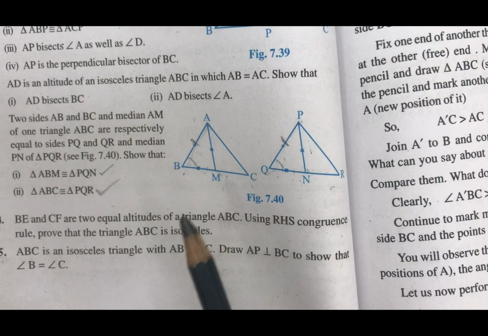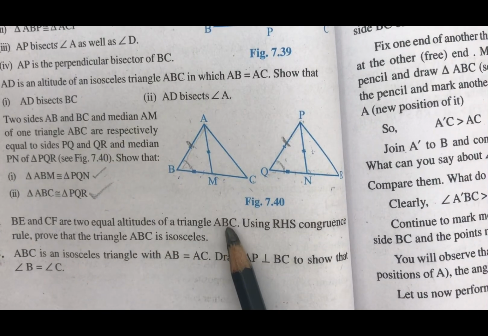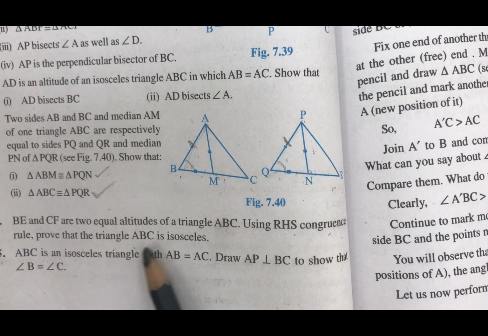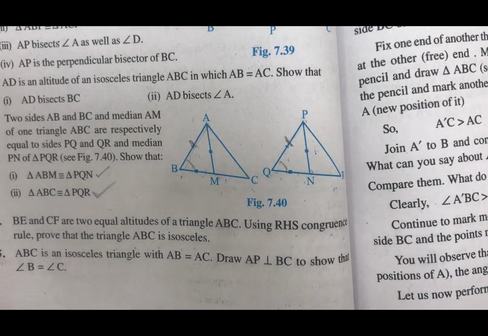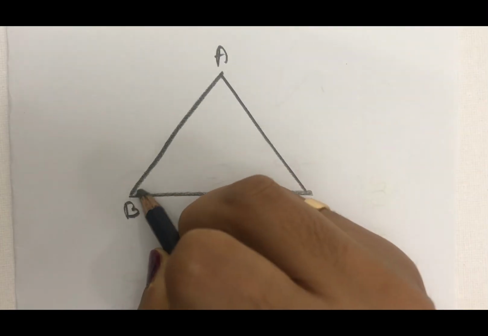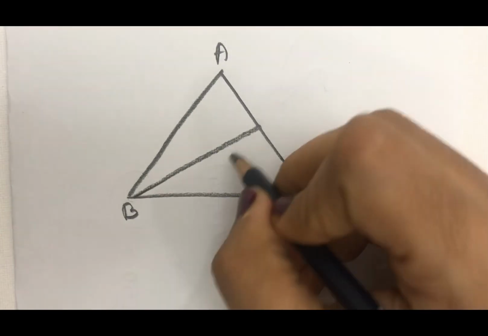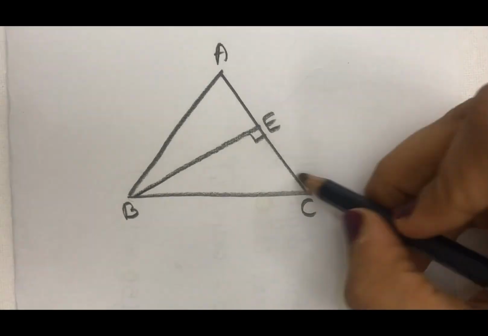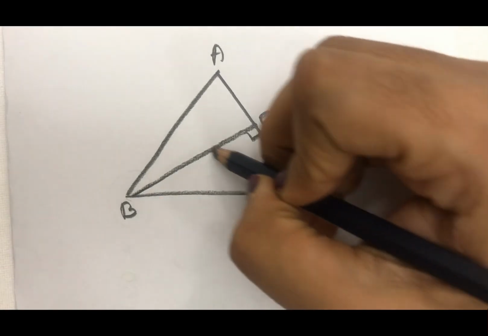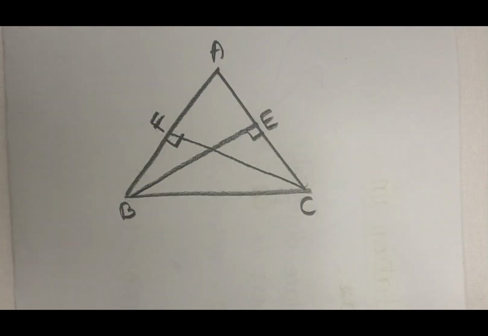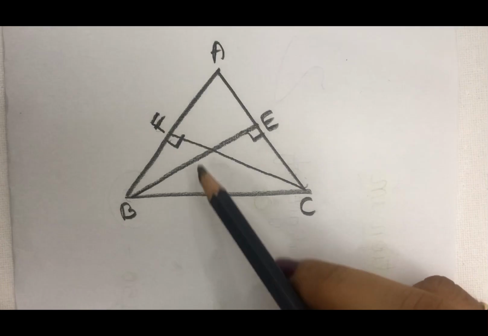Moving on to the fourth question. BE and CF are equal altitudes of triangle ABC. Using the RHS congruence rule, prove that triangle ABC is isosceles. So this is our triangle ABC, and BE is an altitude, and CF is also an altitude.